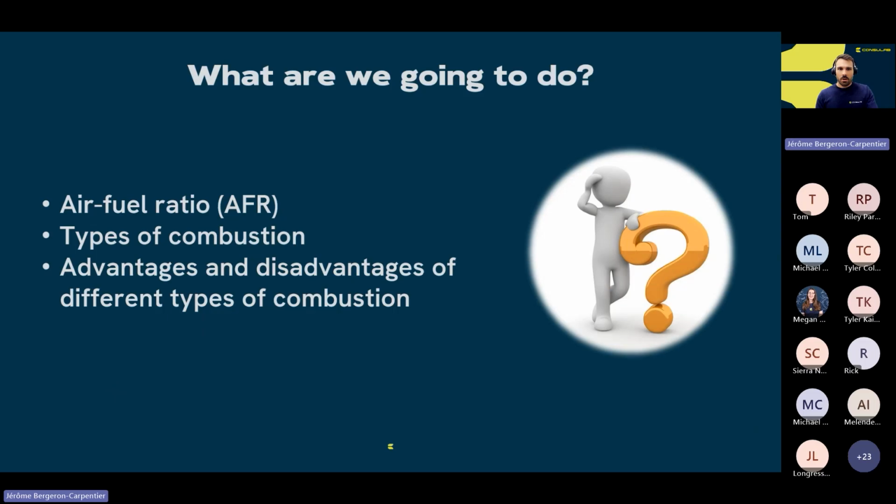So we're going to see exactly what we mean by air-fuel ratio, what types of combustion we can have in those GDI engines, and what are the advantages and of course the disadvantages of the different types of combustion.